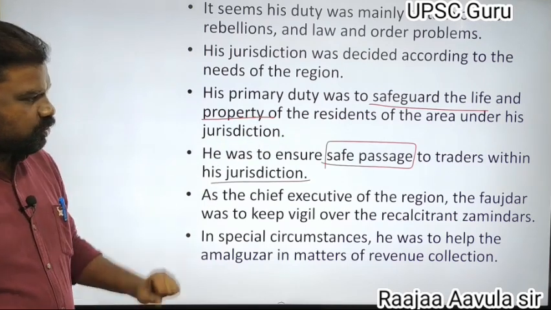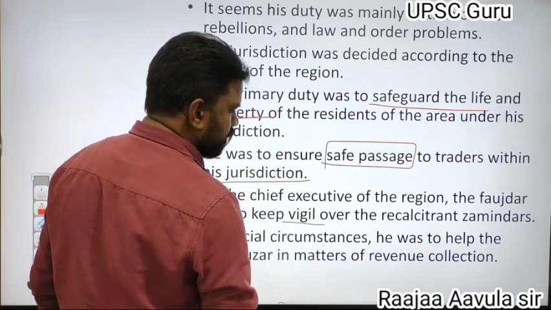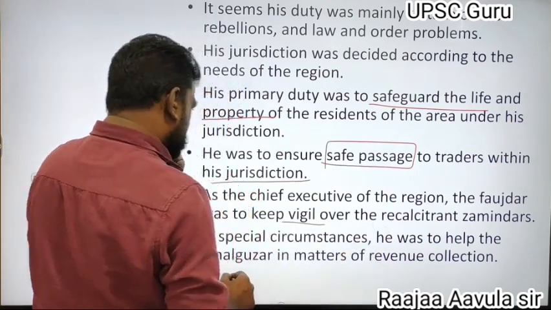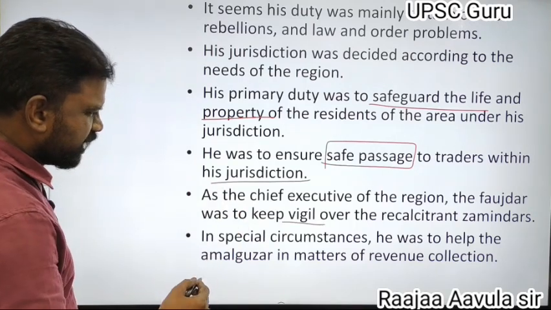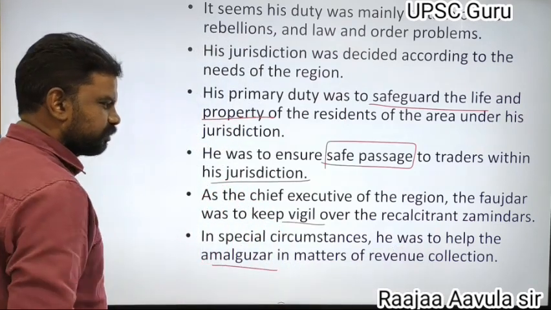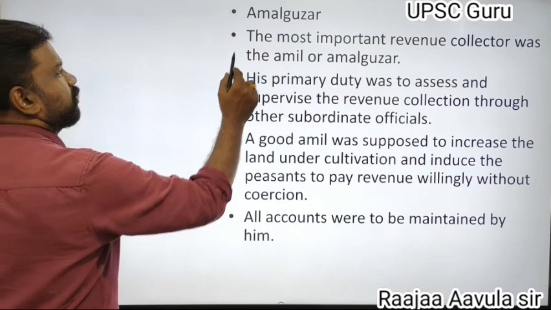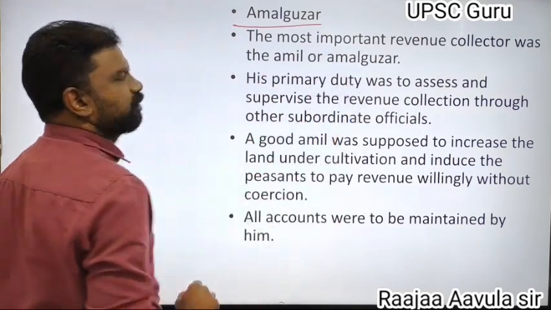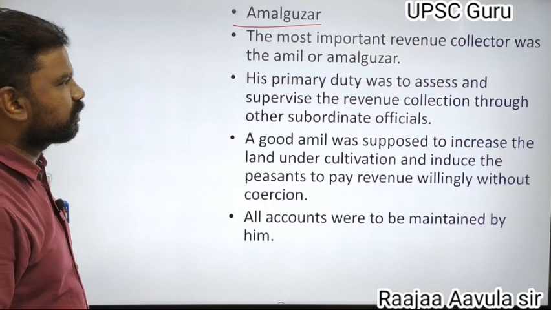As the chief executive of the region, the Fauzdar kept vigil over the recalcitrant Zamindars. In special circumstances he helped the Amalguzar in matters of revenue collection. Amalguzar was the most important revenue collector, also called Amil.